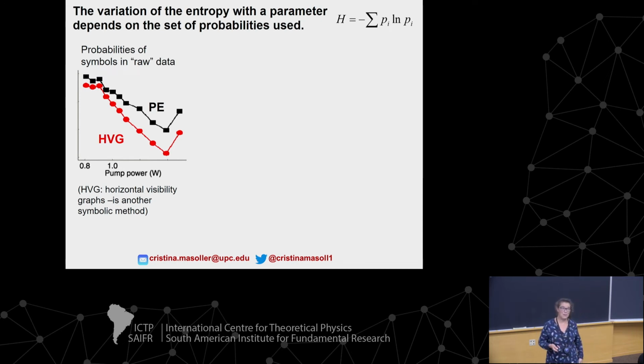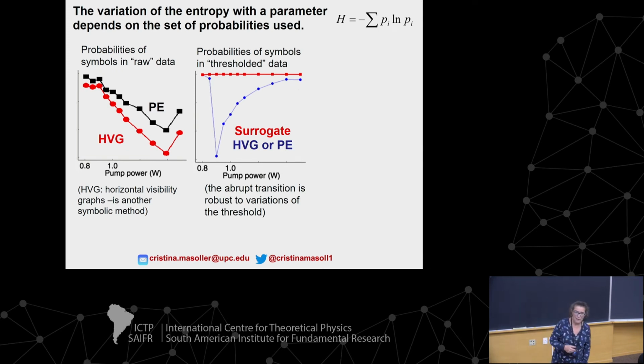It's less random in a way. So in that sense, the entropy goes down because there's more temporal order appearing in the system. Now, if I only calculate the thresholded data, and I do the same, using the horizontal visibility graph or the permutation entropy, I see a sharp transition.